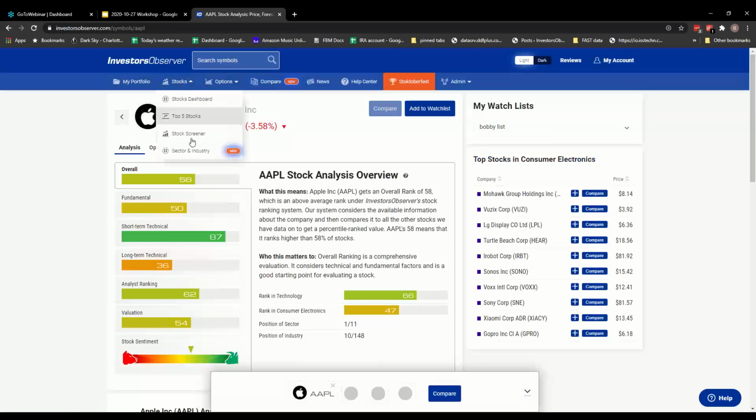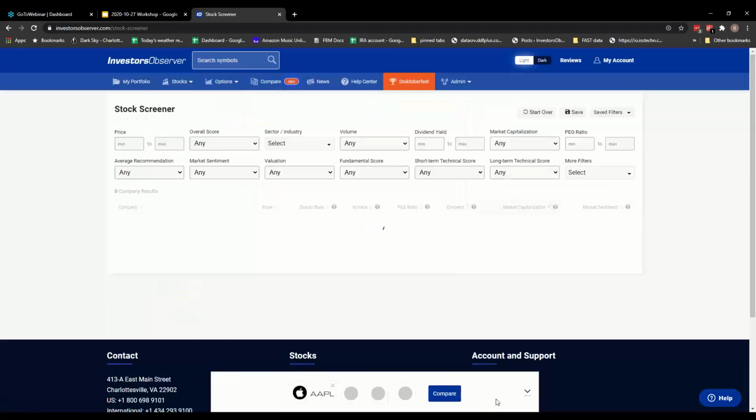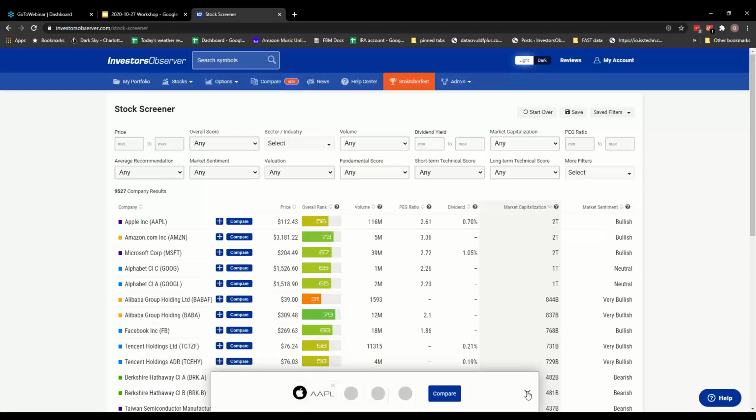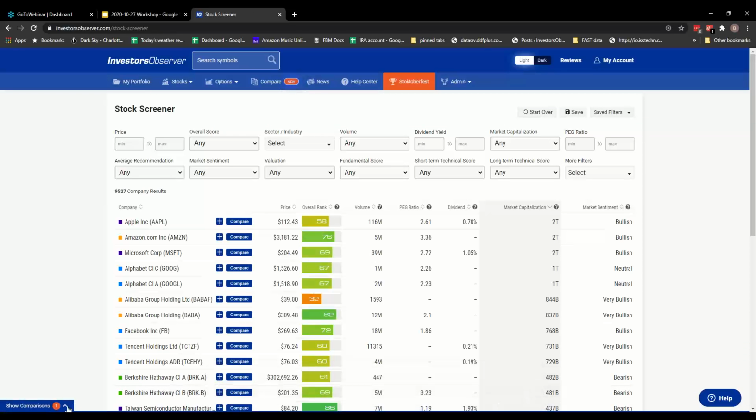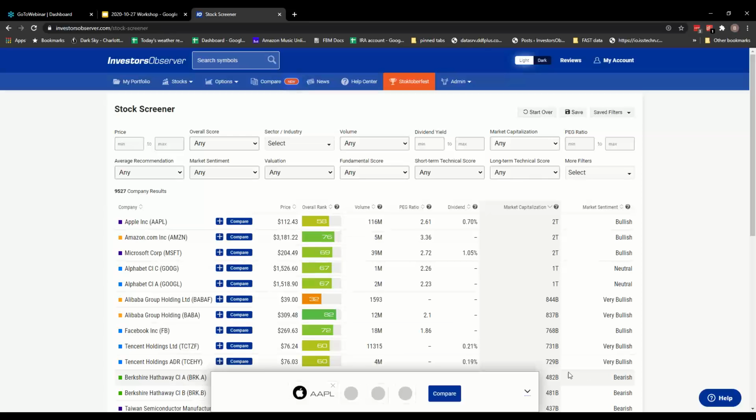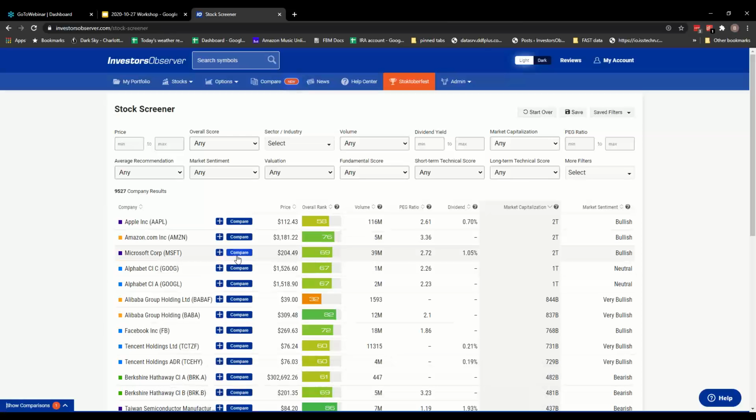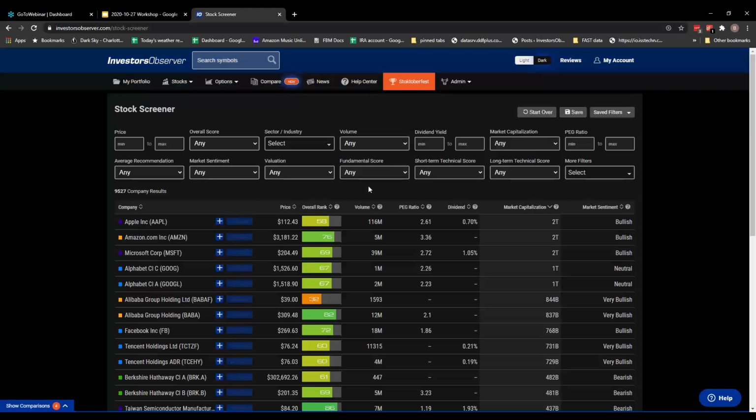If we go back to the screener, this guy's still here. You can minimize it to get it out of the way, and it goes over here. You can pop it back up if you want to see what's in there. And we can add some more stocks. And then once we hit 4, this button gets grayed out. It looks like that when it's grayed out in dark mode.